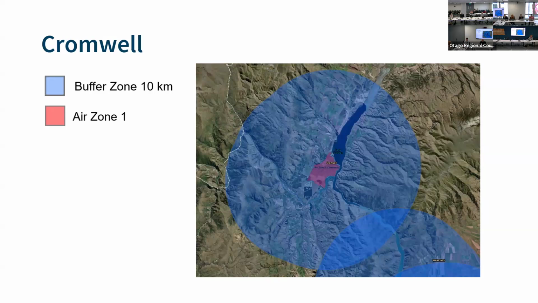Councillor, just a question around the actual mapping of these circles. I'm trying to figure out, I can't quite tell from here, maybe it's on an angle, if these are perfect circles or not, because obviously if they're perfect circles, I presume you're taking it from the centre of the air zone, which would mean a bigger air zone would have a smaller buffer. It's a 10-kilometre buffer from the boundary of air zone 1.